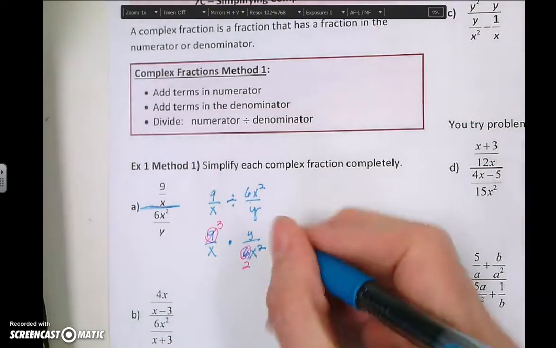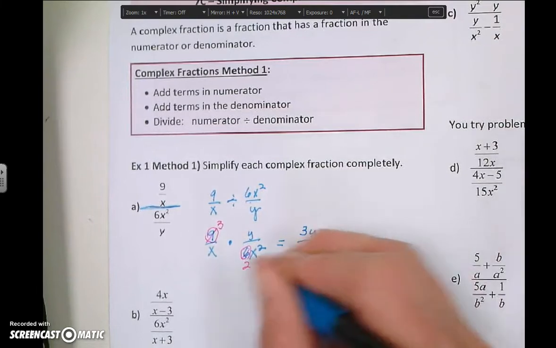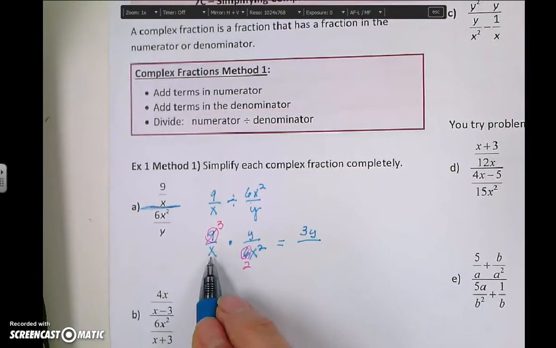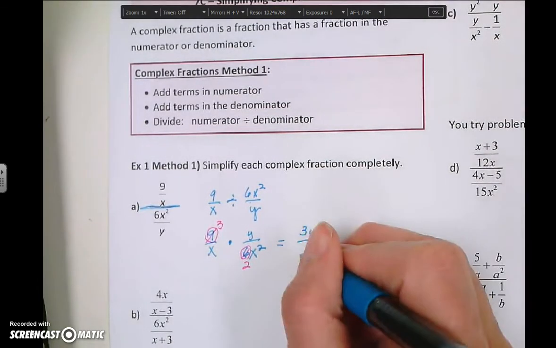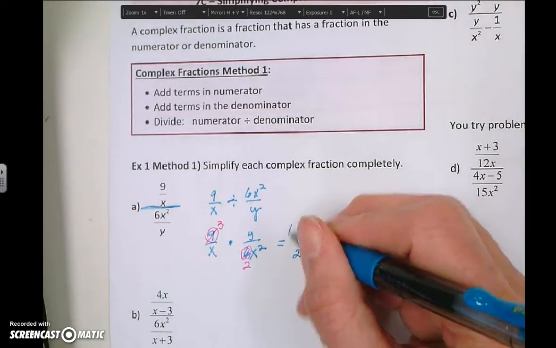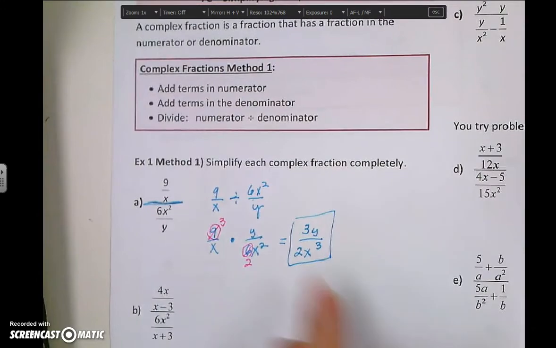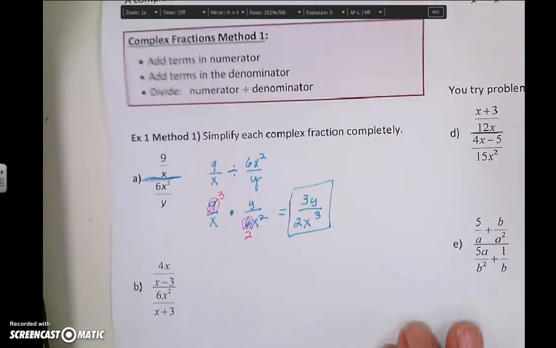When I do my multiplication, I end up with 3y divided by 2, and then x times x squared, so x to the third power. And that is my simpler fraction. There's nothing else I can do to reduce.